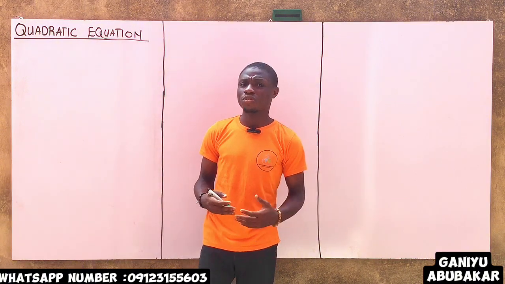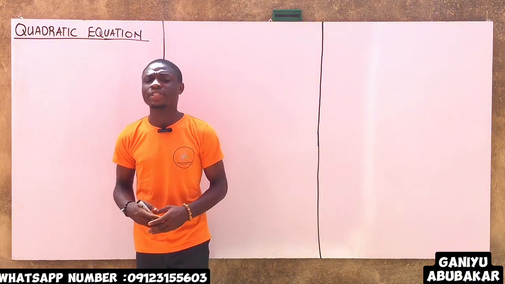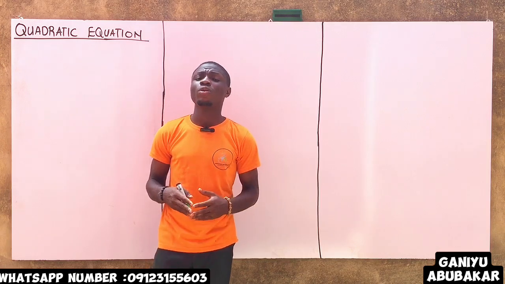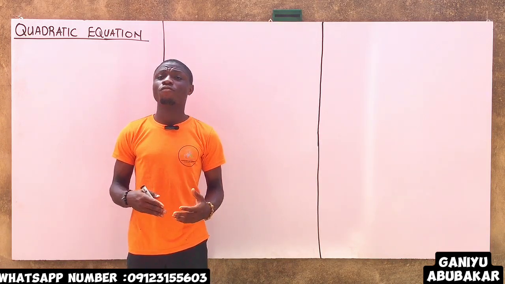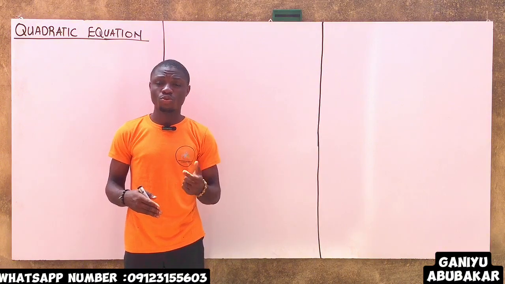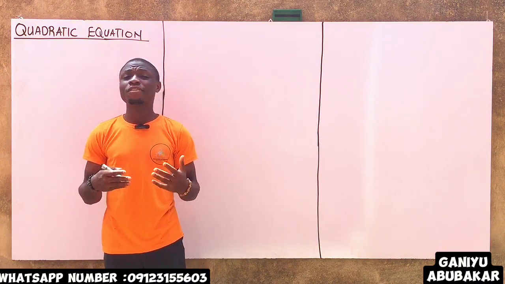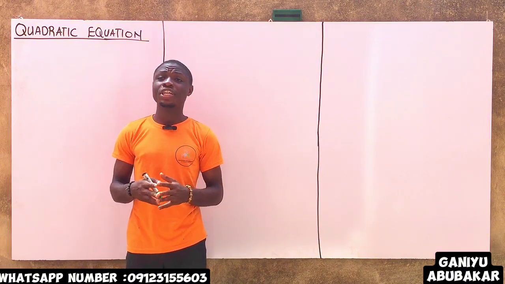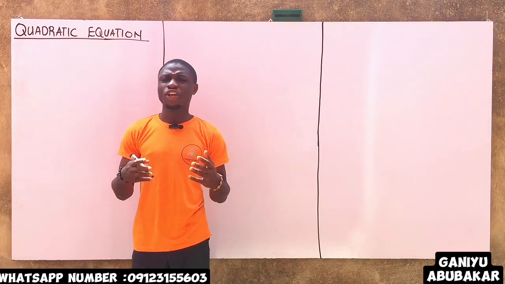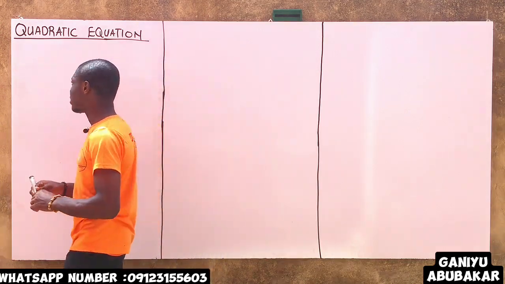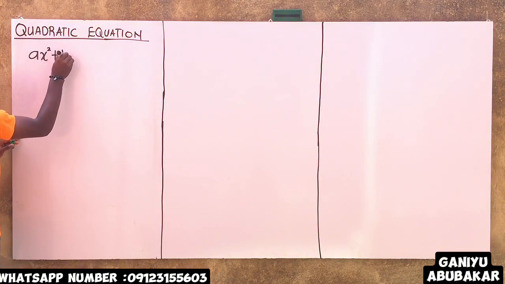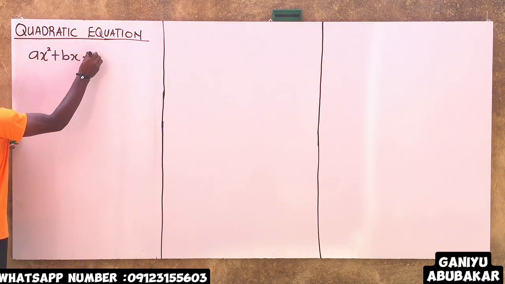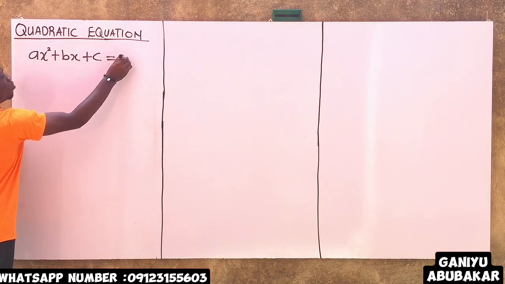By definition, a quadratic equation is simply an equation where the highest power, or the highest index, of the variable is 2, right? The general form of a quadratic equation is given as ax squared plus bx plus c equals 0.